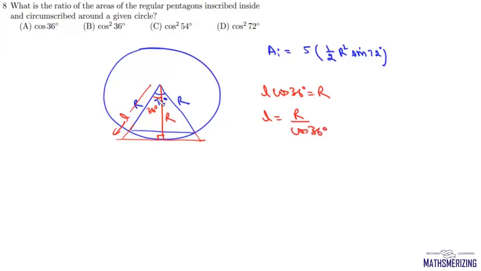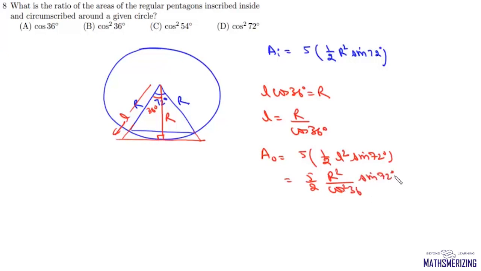Now once we have this L and this angle, we can write the area of the pentagon circumscribed outside as 5 into 1/2 L square sine 72 degrees. So it will be 5/2 and L square is R square upon cos square 36, times sine 72 degrees.